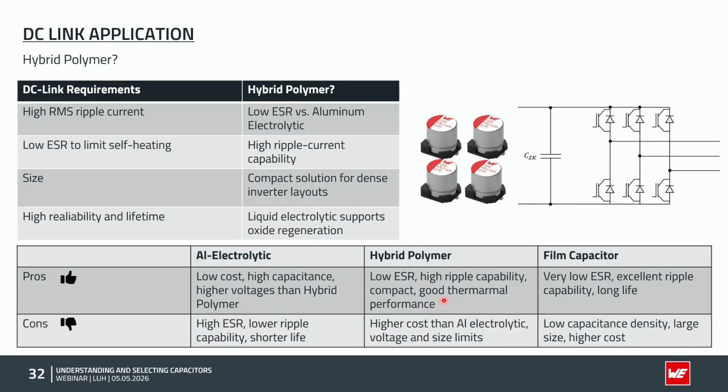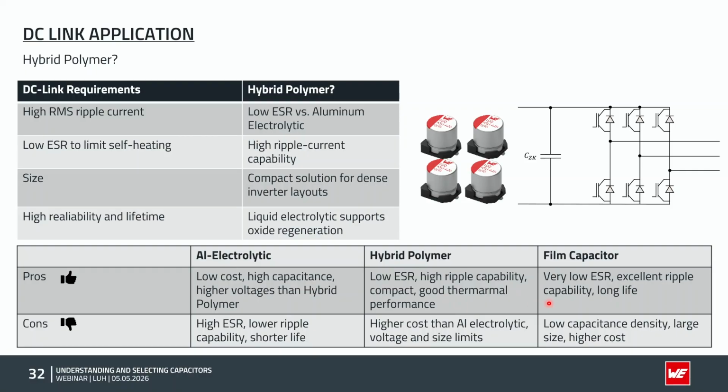But the disadvantage for hybrid polymer is that the sizes are limited, same as for polymer. And therefore we also have a limited voltage. From our side, it's a maximum of 100 volts at the moment. So these applications are limited a lot because the voltage is only 100 volts.